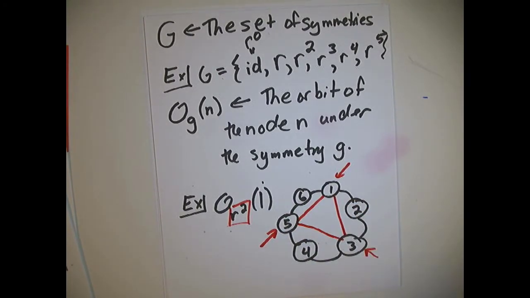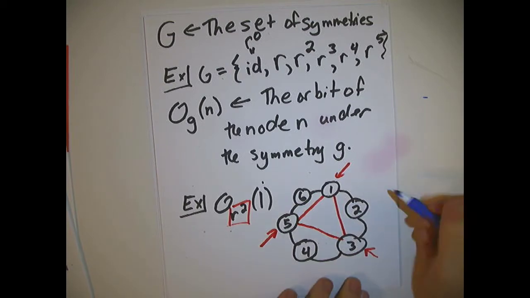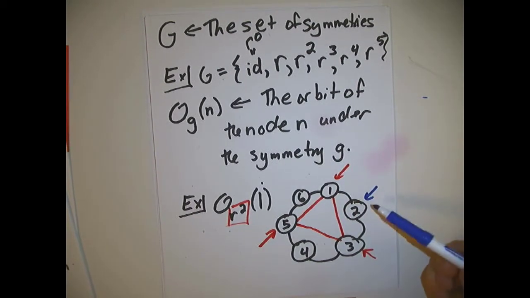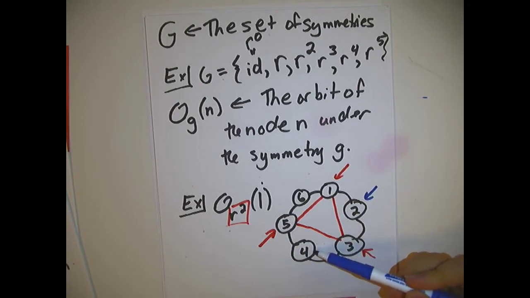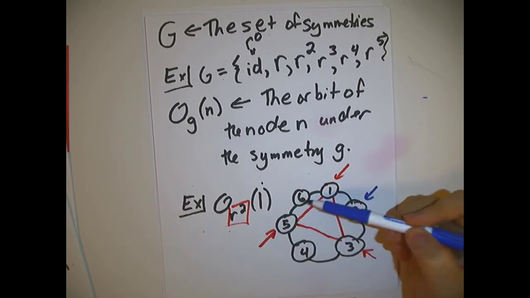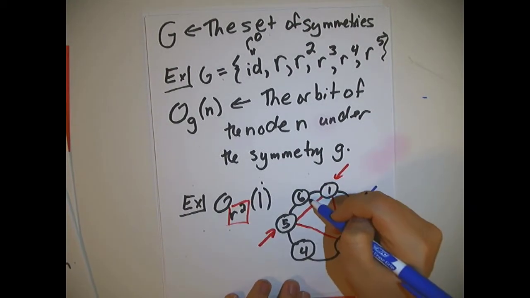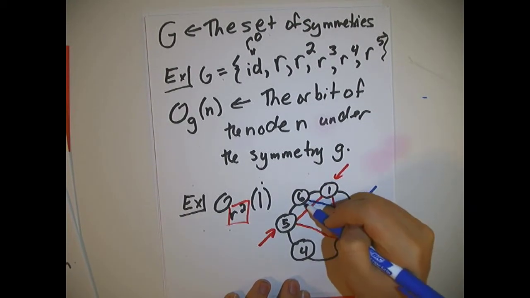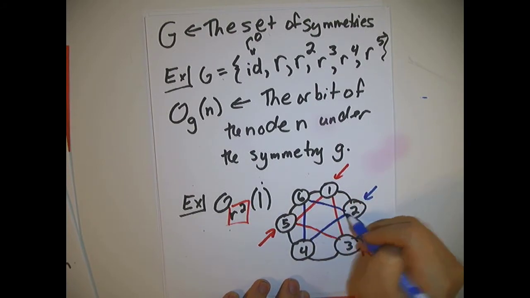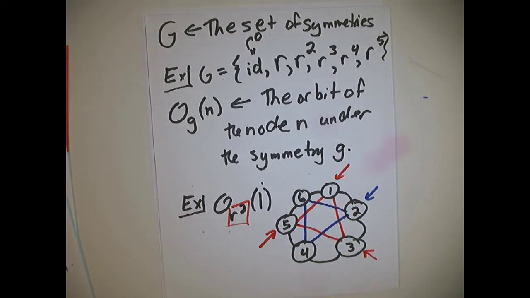Okay. And likewise, under the same symmetry, if I instead started at 2 and then applied r squared, I'd end up at 4. And then I'd end up at 6, and then I'd end up back at 2. And so again, under this r squared symmetry, these 3 points are also tethered together. Okay.